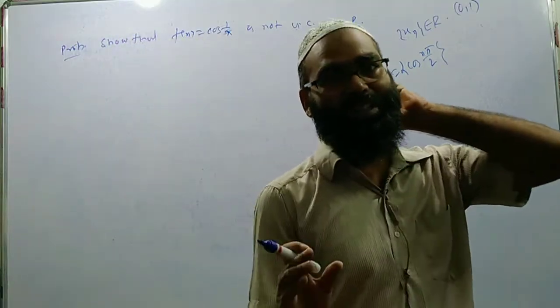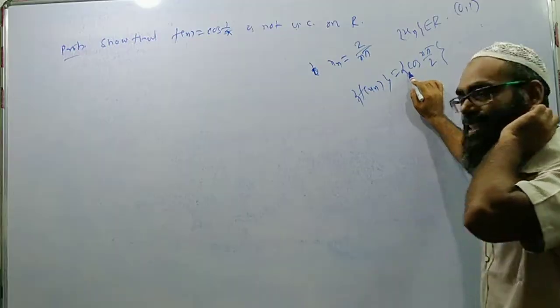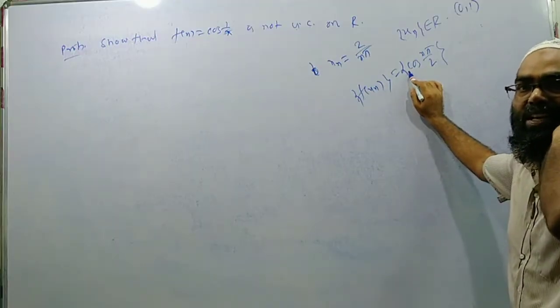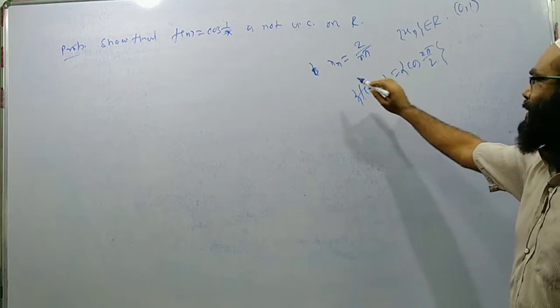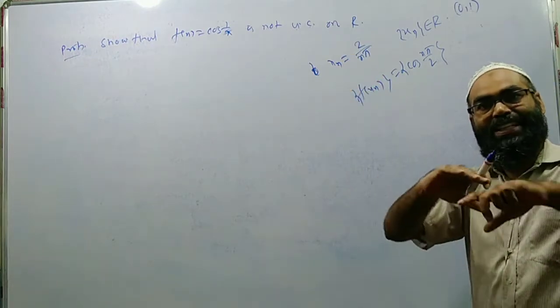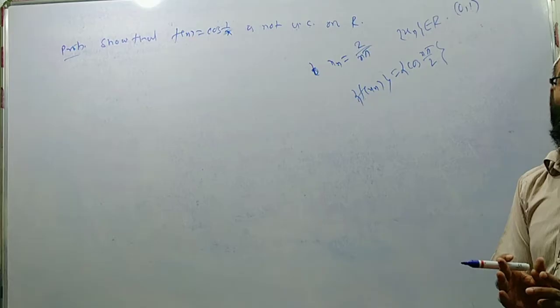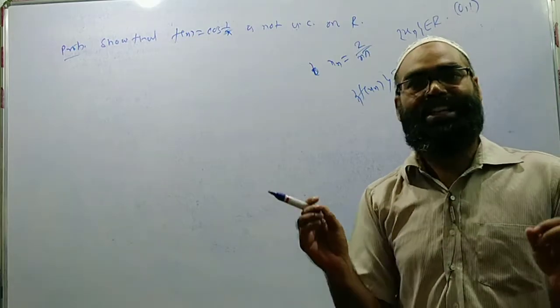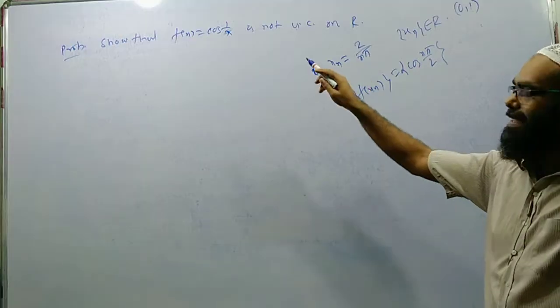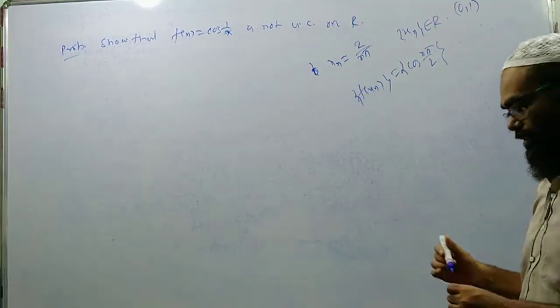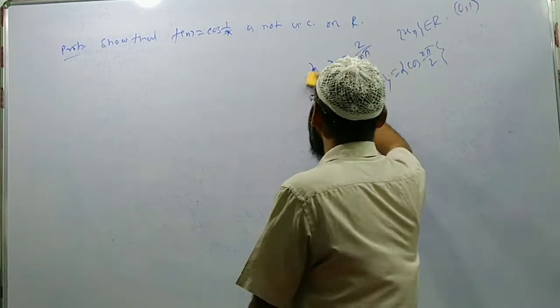It cannot converge, it is not convergent, and hence not a Cauchy sequence. Observe that x_n is a Cauchy sequence, but f(x_n) is not. Therefore, by the sequential approach, we can confidently conclude that the function f(x) is not uniformly continuous on the set of real numbers R.